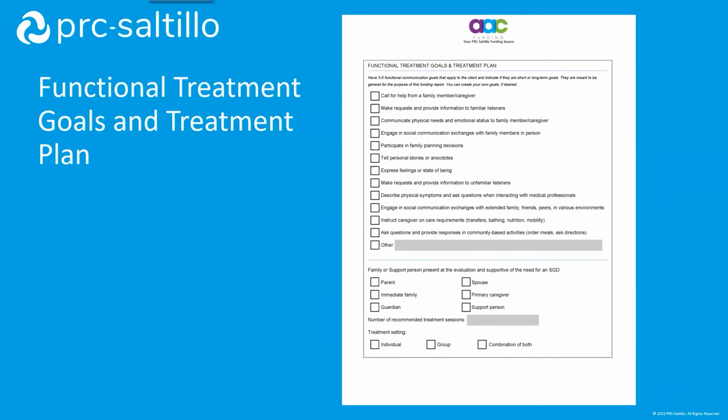But otherwise, you can just pick a few of those functional goals, short and long term, make it a mix. And then in this final section, you have to have the support of family, so parents and immediate family and anybody else who falls in that team, so that we know that the device is going to be successful.